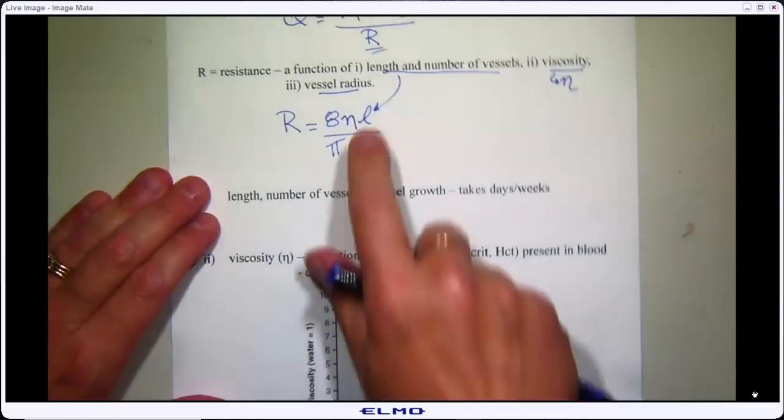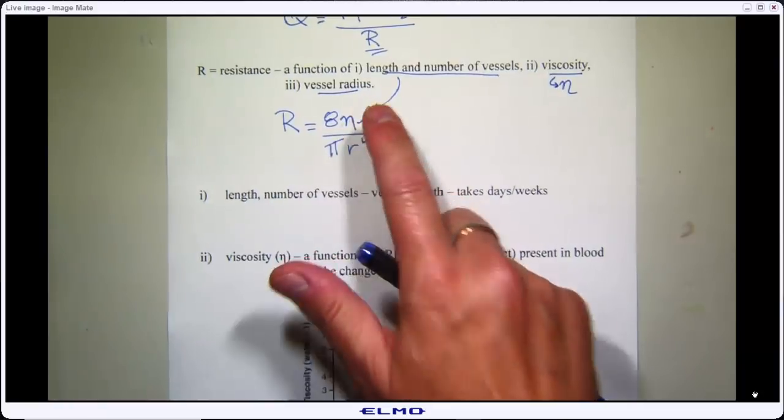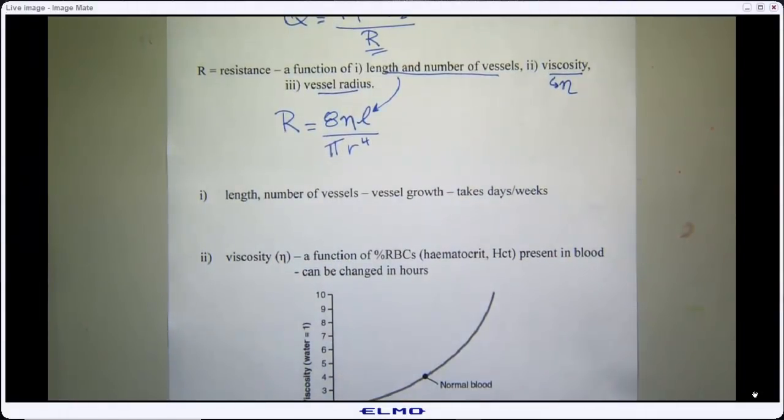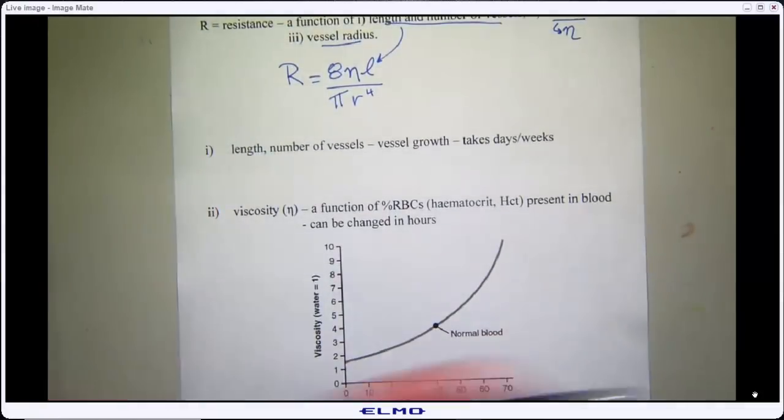So we're not going to deal with length and number of vessels as a way to regulate mean arterial pressure or resistance. Okay? Viscosity is something that you can change over hours, so we can look at viscosity as a tool that the body might use. It's not common. It's usually a provoked response to something else. But we can change it in hours, so let's throw it out there.